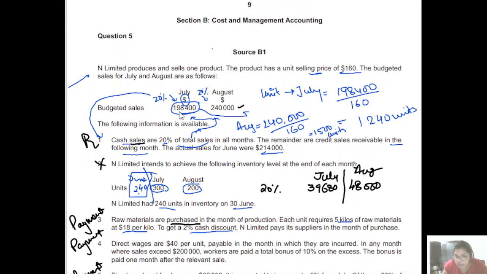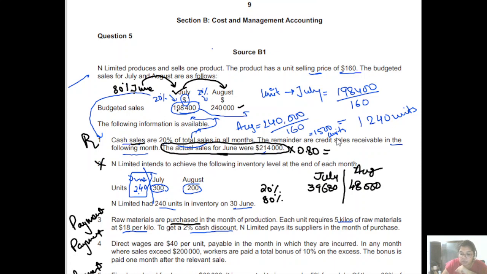So 80% of July is receivable in the month of August, and 80% of June is going to be receivable in the month of July. So 80% of June's sale, that is 214,000 into 0.80, that is 171,200.